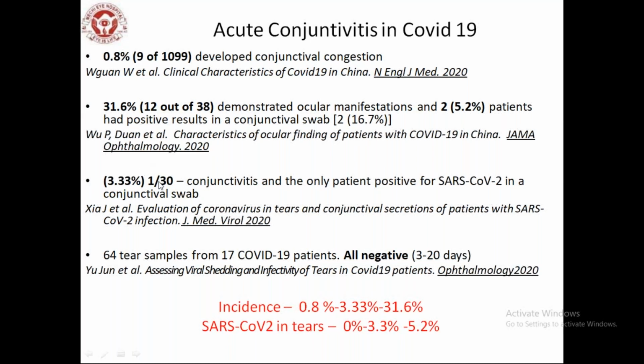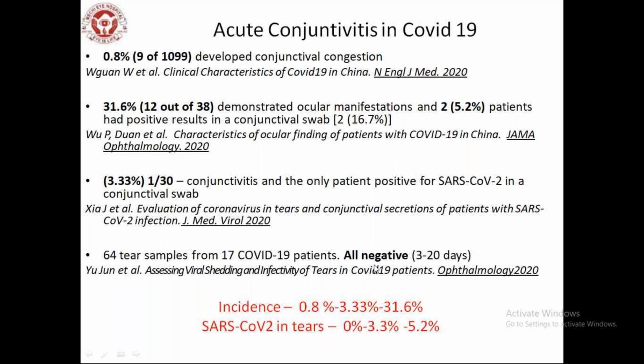In another study, 1 out of 30 had conjunctivitis, and the same patient was positive in the tears also. In another study, it was done irrespective of the presence or absence of conjunctivitis. From 64 tear samples from 17 persons between 3 to 20 days, they could not find any SARS-CoV-2 virus.